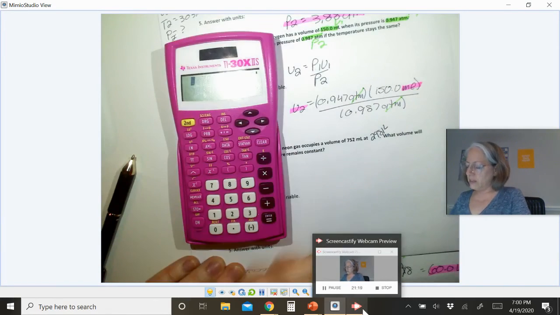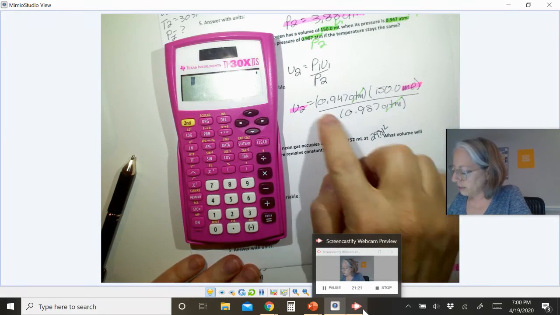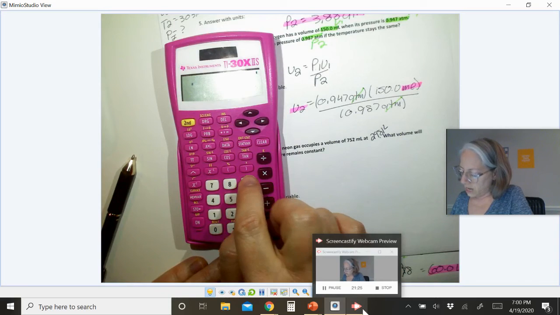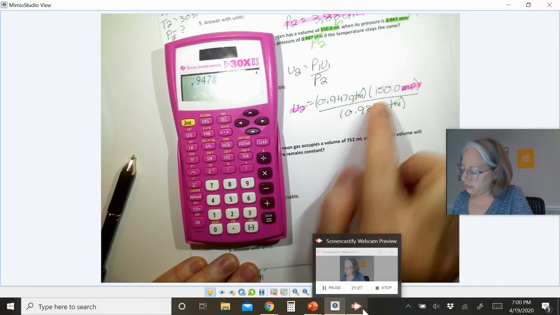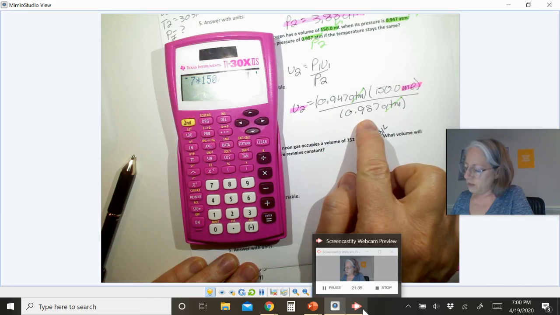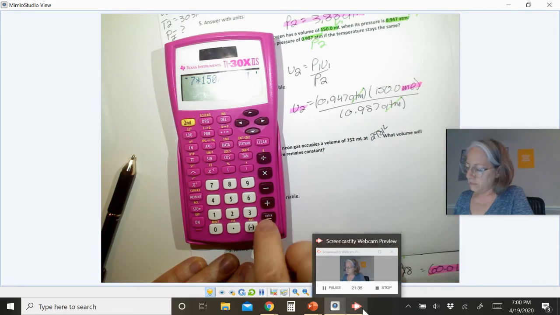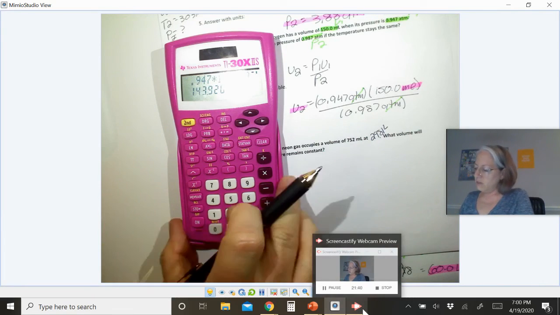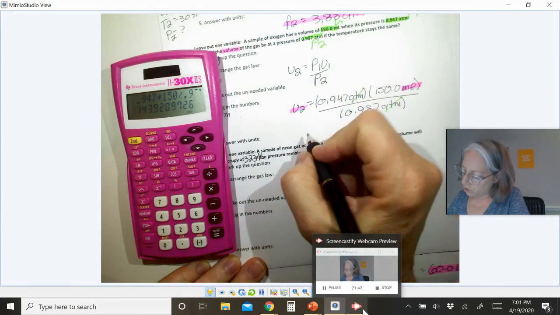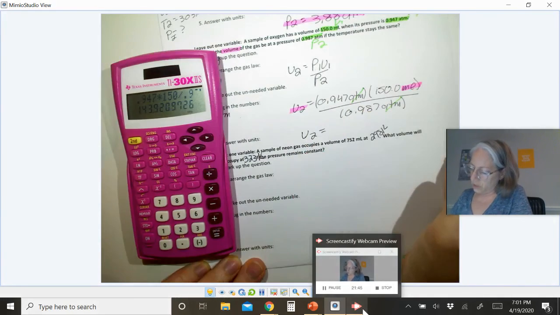And so now the last step, put everything in the calculator. Numbers on the top, you multiply. 0.947 times 150, divide by 0.987, because it's on the bottom. Make sure you hit divide, equals, and everything we have 3 digits, 4 digits, 3 digits, so 3 will be what we use. 3 is less.